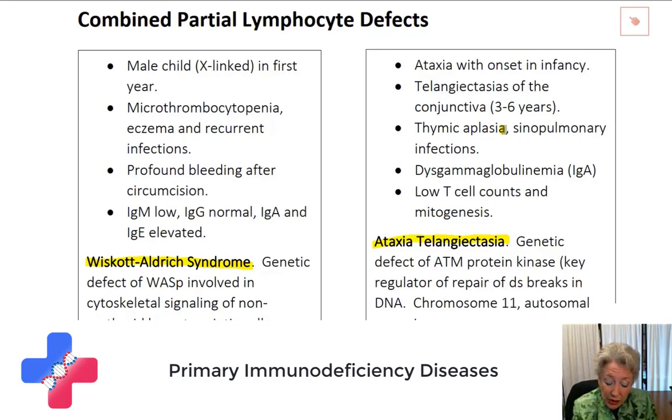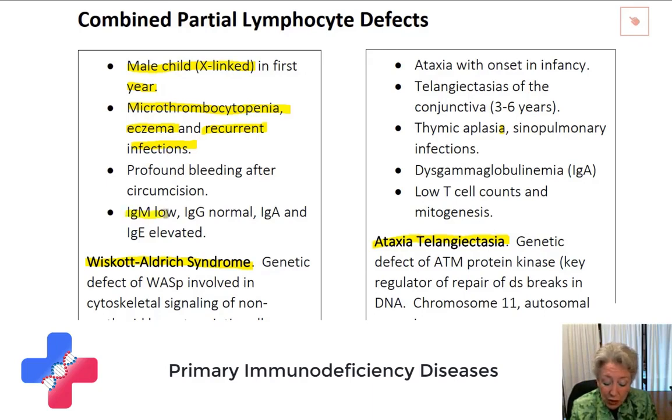But in the case of Wiskott-Aldrich, it's going to be a male child because it's an X-linked attribute within the first year of life who is going to present with thrombocytopenia, eczema, and recurrent infections. We refer to that as the Wiskott-Aldrich triad: the thrombocyte problems, the eczema, and the infections.